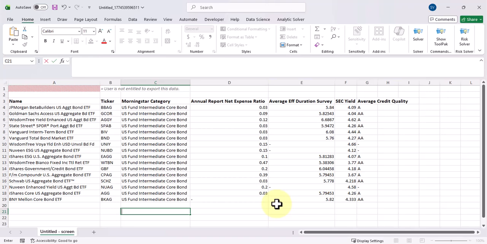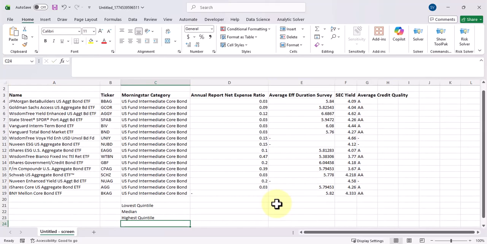But to use the quintiles here, I'm going to put in lowest quintile, also going to put in the median just because I'm interested, and the upper quintile, the highest quintile. So that's going to give me the lowest 20% value, the median, the highest 20% value, and then I'll also put in here the mean, or the average.